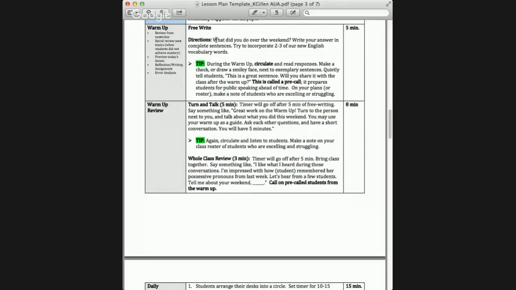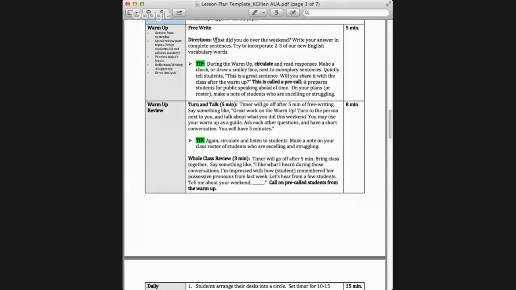That's going to empower them, A, knowing what is correct. They'll know to replicate whatever they did. And B, when you eventually call on students during the review, they'll have some confidence to answer and share that sentence with the class.